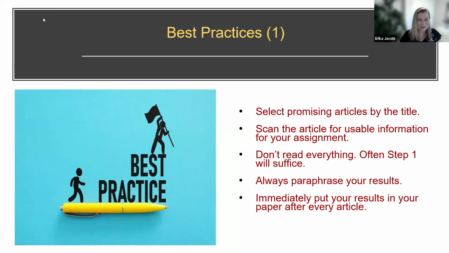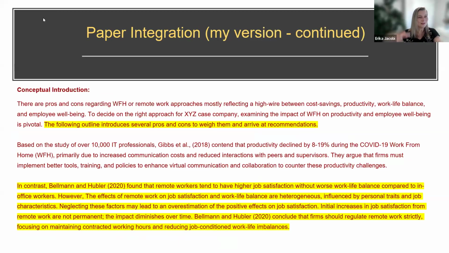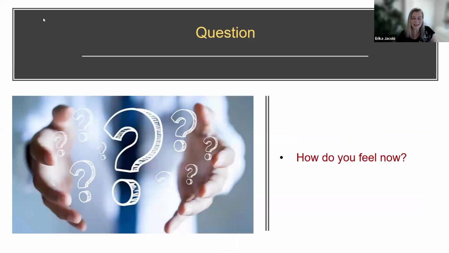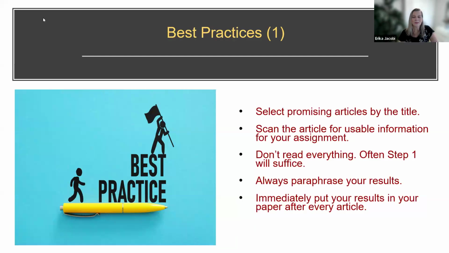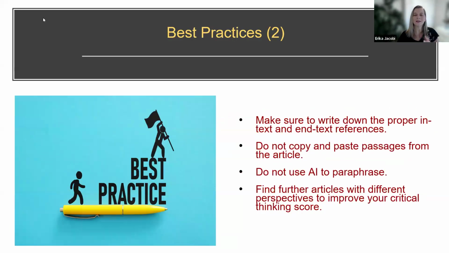And the nice thing is that then you see, wow, in APA double spaced, I already have a page here, right? And it didn't take me that long. Immediately put it into your paper. And then on the second page, make sure to write down the proper in-text references. Do not copy and paste passages from the article.